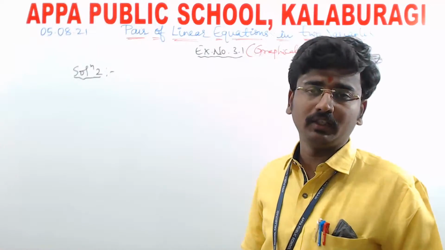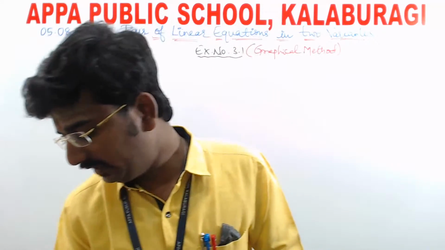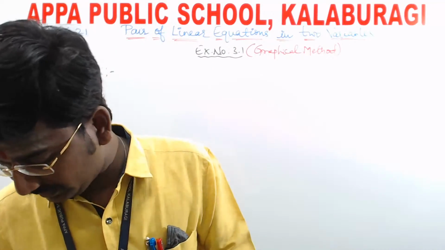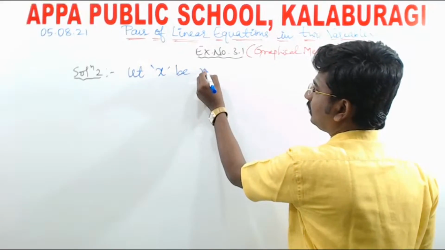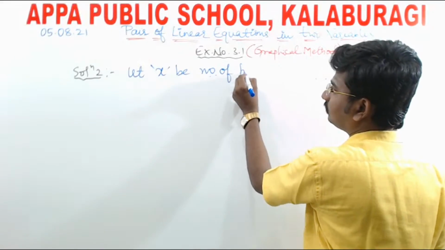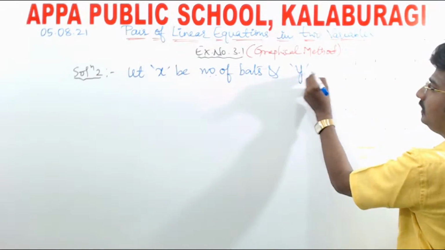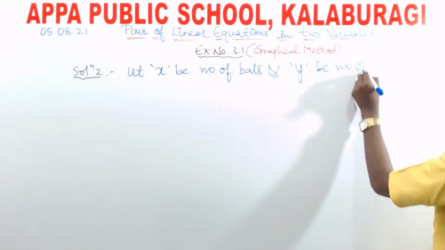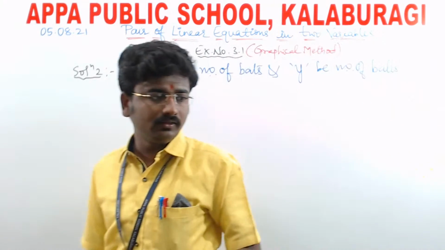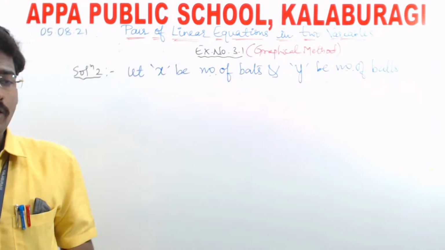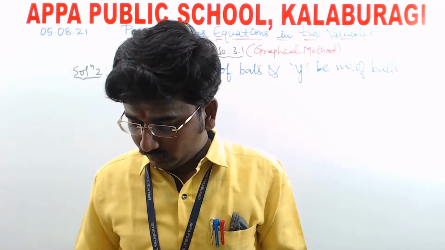Coming to the solution, we have a bat and ball, so we have to represent the situation algebraically. Let x be the number of bats and y be the number of balls. Now, what is the first condition?